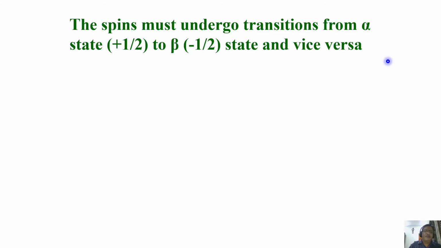And we also said there are more spins in the lower energy state compared to that of higher energy state. That's what we discussed when we understood Boltzmann population distribution.